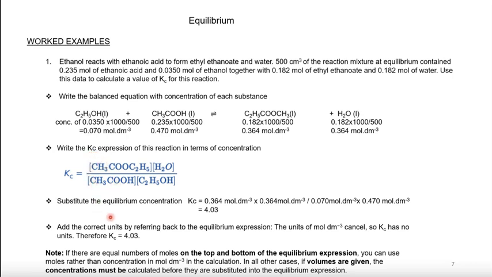We have 1 mole of ethyl alcohol and 1 mole of ethanoic acid, and similarly 1 mole of ethyl ethanoate and 1 mole of water. So in the products and also the reactants, the number of moles are the same. Therefore, if we calculate, Kc, the equilibrium constant, is equal to 4.03, and it doesn't have any unit because the units cancel out. So 4.03 is the equilibrium constant of this worked example.